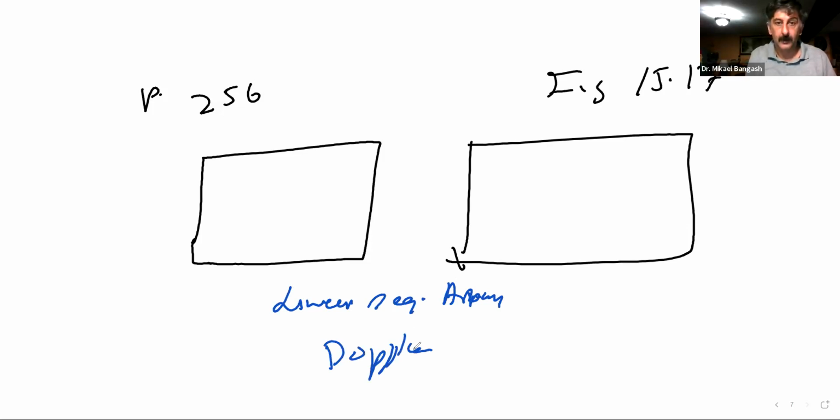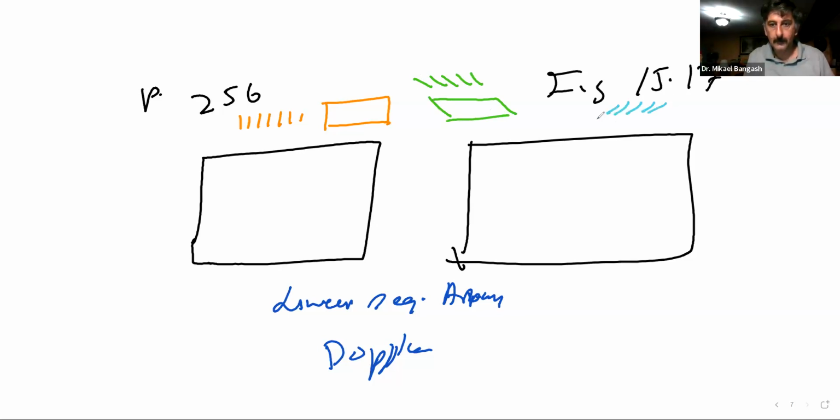Your image could either be rectangular shaped, or it could be parallelogram shaped.